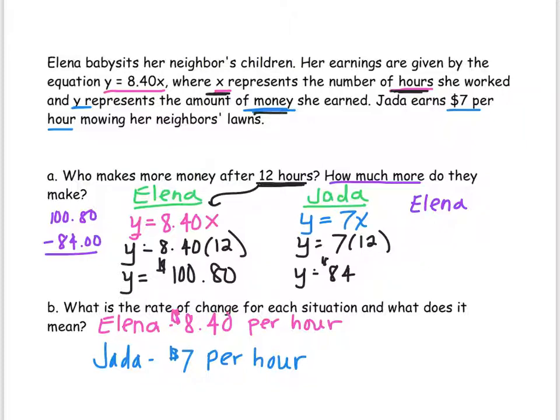And I get 16.8, which in terms of money, so Elena makes more money by $16.80. So again, if we have our equation, then we can use it to solve any problem given what numbers we have for our variables.